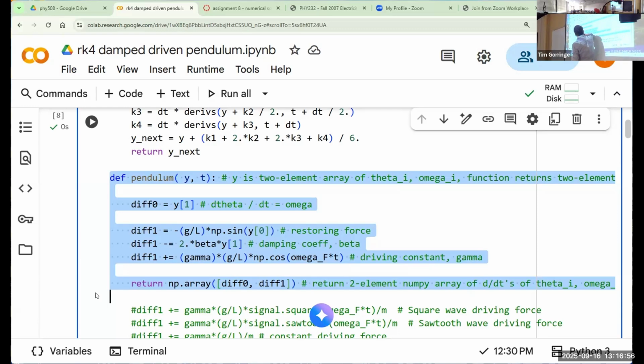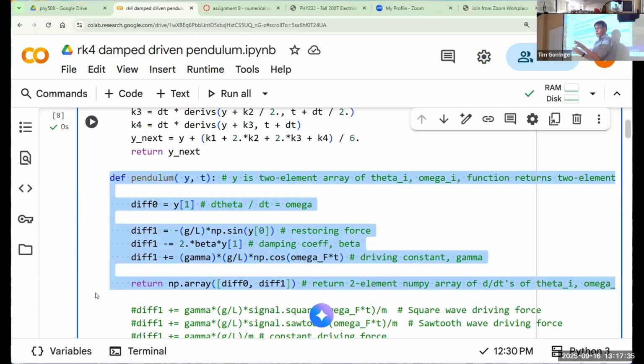So at this point, if you call this function with this variable that has two elements, those two elements define the differentials of each of those elements by these equations here. Then I return another two-element object, constructed out of the differentials in these two equations. So it's called with the values of theta and omega, and it returns the differentials of theta and omega.